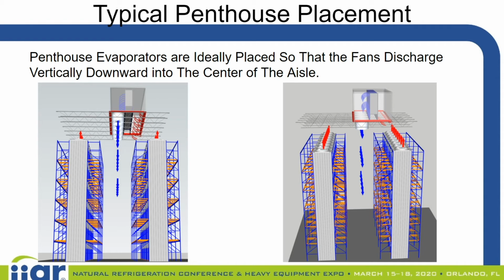But most of the aisle arrangements will avoid that return. It depends on the dimensions of the penthouse and the exact location of the discharge coming from the in-rack freezing fans.